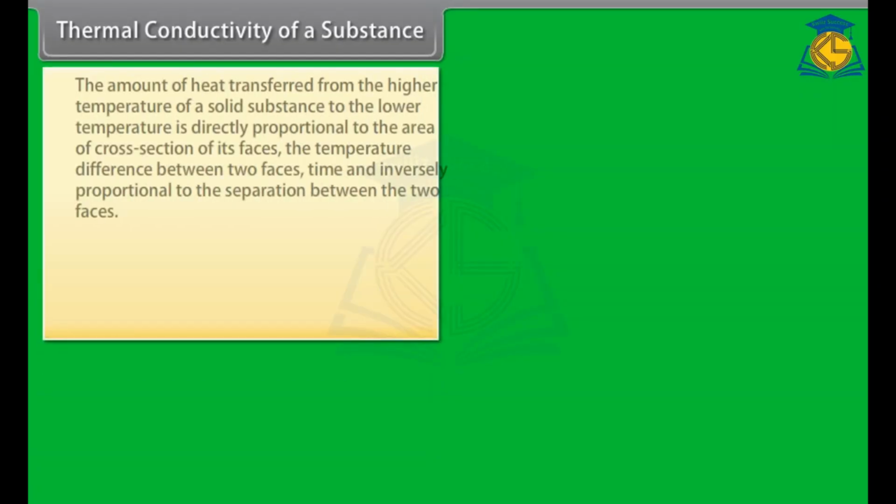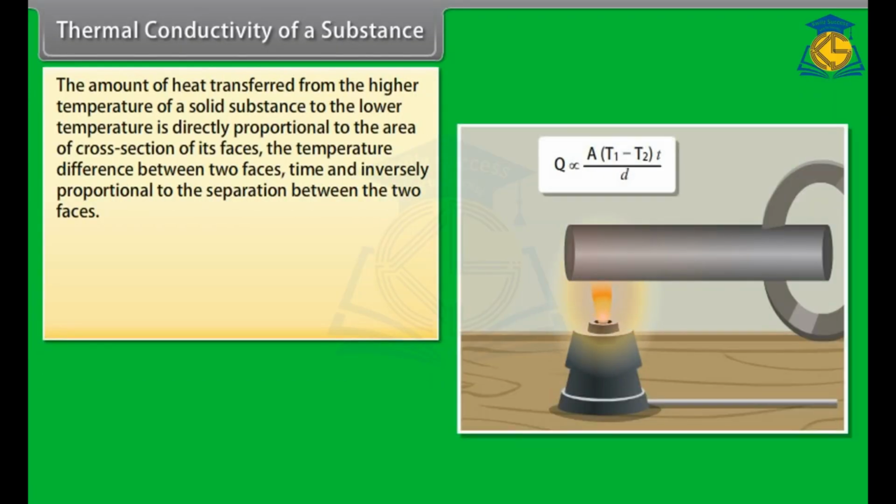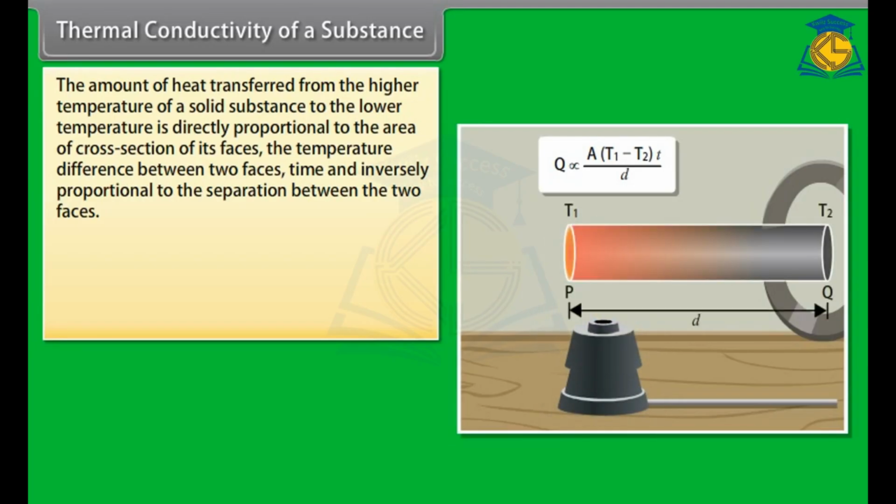Thermal conductivity of a substance. The amount of heat transferred from the high temperature of a solid substance to the lower temperature is directly proportional to the area of cross-section of its faces, the temperature difference between two faces, time, and inversely proportional to the separation between the two faces.